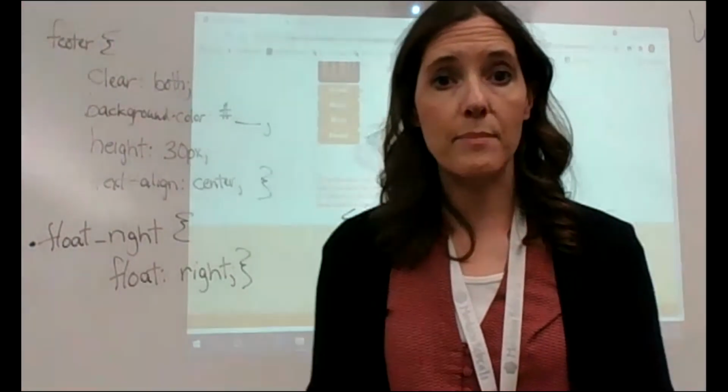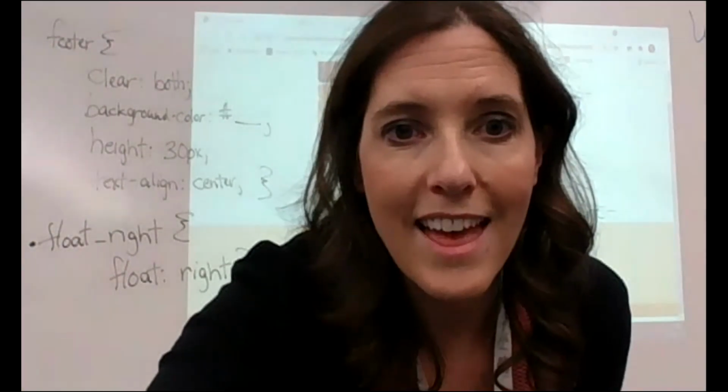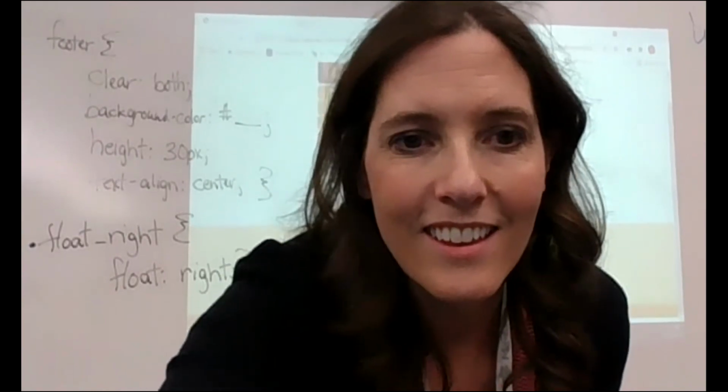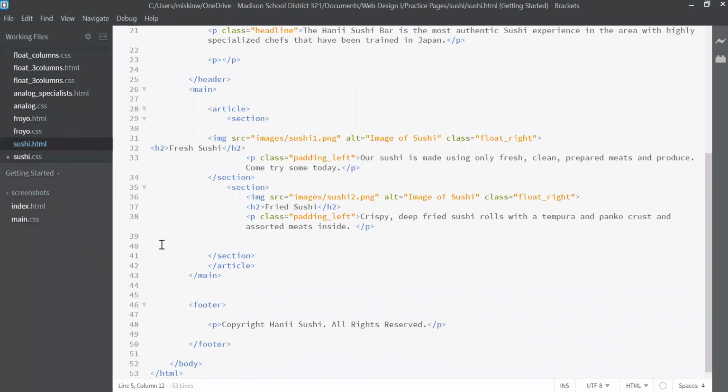Okay, I'm going to go back to my code just to double check that I got everything else. Okay, so on the paragraphs, it looks like I did a padding left, so they were a little bit close. You can add that if you feel like you need to. And then I do have that order image, and then heading, and then the paragraph.